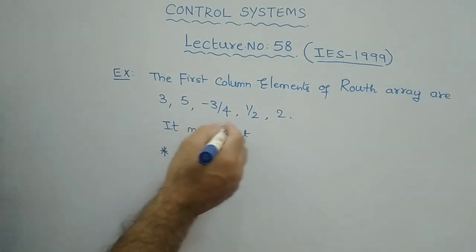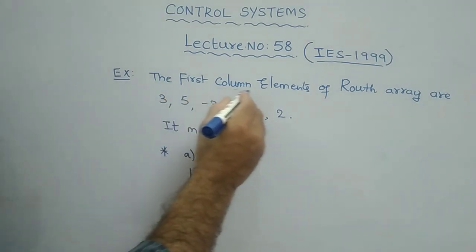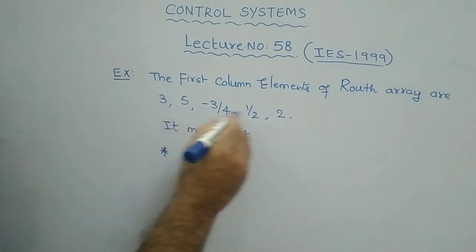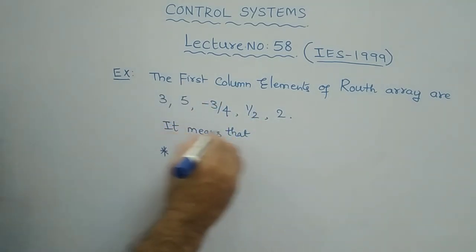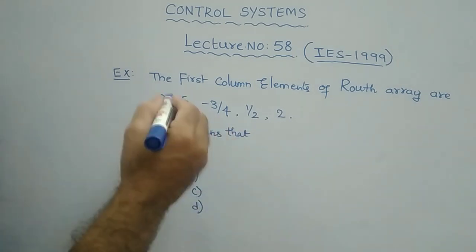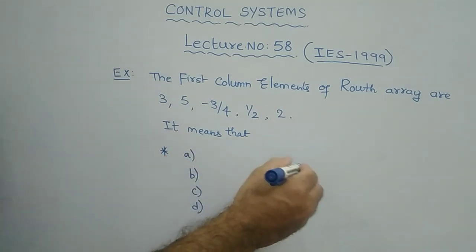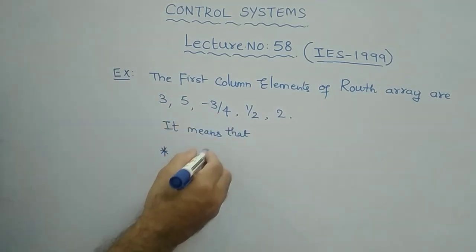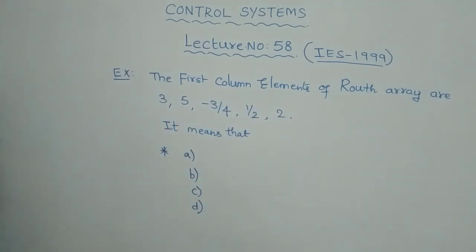So the question is, if the first column elements of the Routh array are given like this, then what does it show? Option A is one root in the left half of the S plane. That means the given control system has one root in the left half of the S plane.